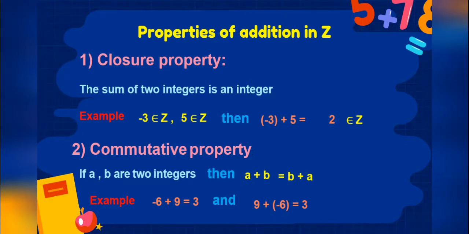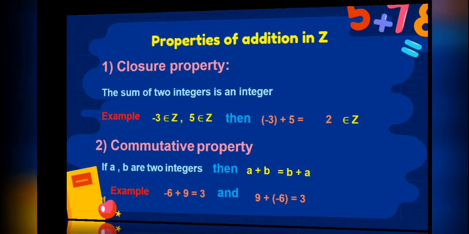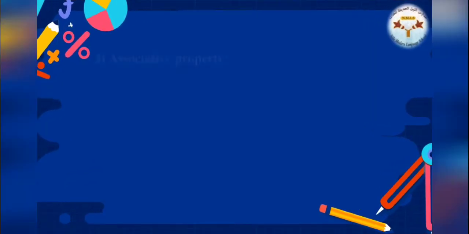Property number 3, associative property. Associative means if I have 3 integers and I want to add these 3 integers, I can group any 2 of them and add them first, then add the third.